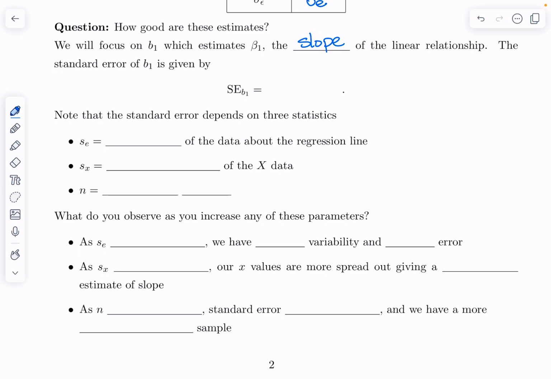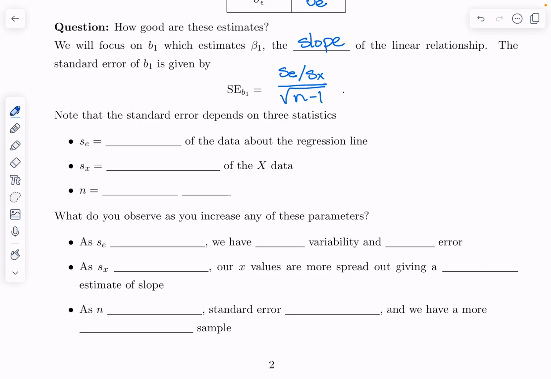And the standard error of b1 is going to be given by the residual standard deviation divided by the standard deviation of our x values over the square root of n minus 1. Now, I'm not able to tell you exactly where this standard error formula comes from, but what I can do is give you some intuition about why it makes sense.